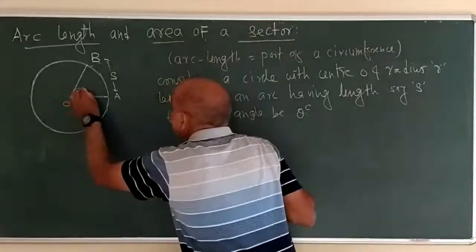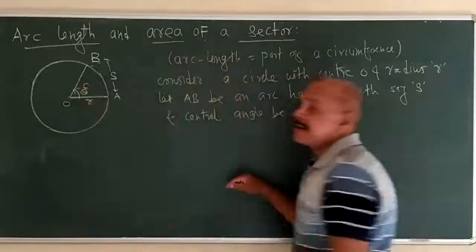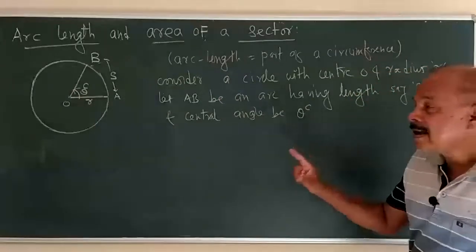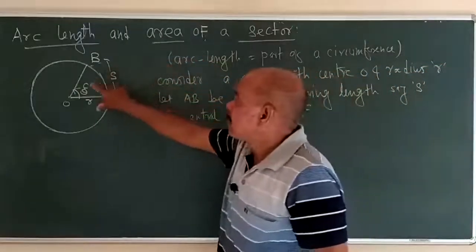This angle is theta radian, the angle made by the arc at the center.